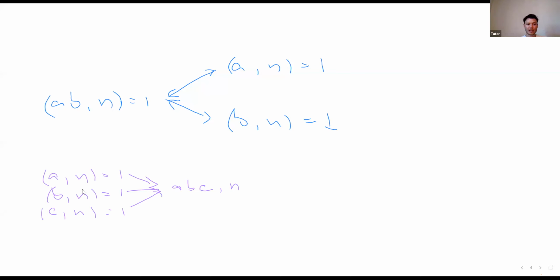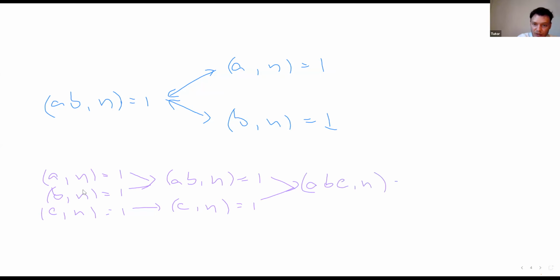The way I can do it is, for example, combine 2 of them, and I get a, b, and n is good. And then I also have c and n is good. And then look, I can combine these two, and I get a, b, c, and n is also going to be good. So basically, if you had 3 of them, you can combine them and all 3 of them are good.